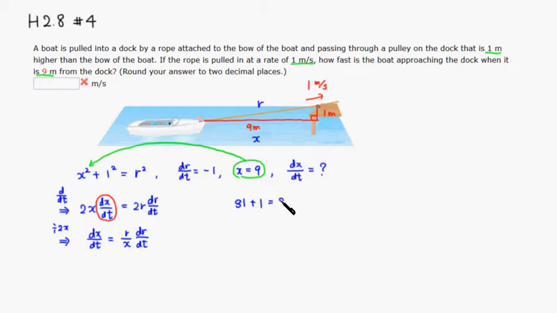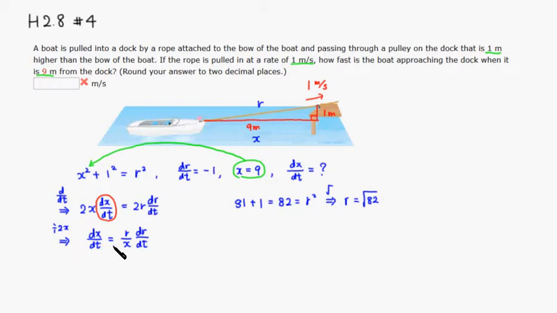So 82 is equal to r squared. By taking the square root of both sides, r is plus or minus, but in this case we're talking about a length, so we take the positive one. So r is the square root of 82.